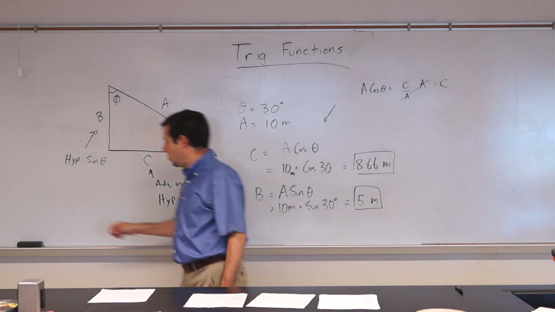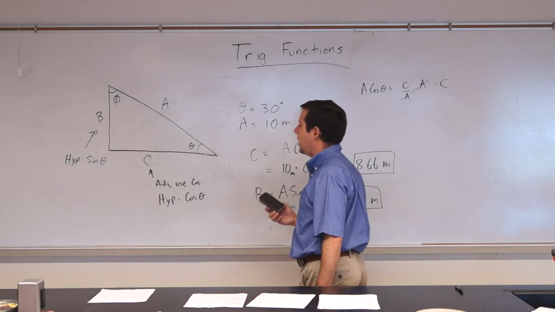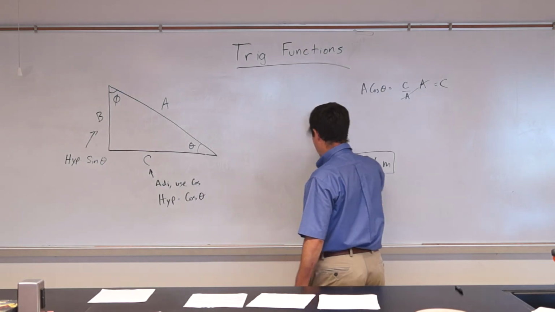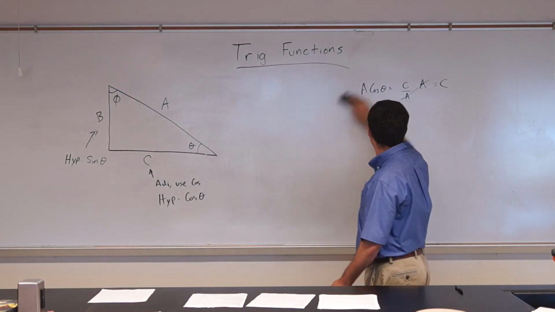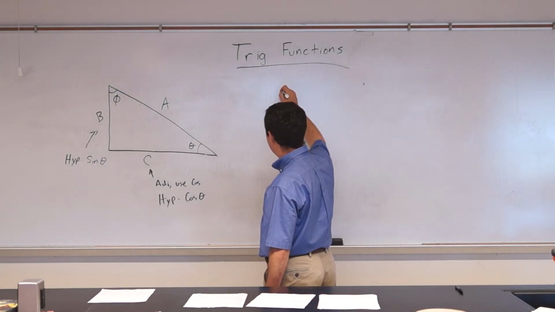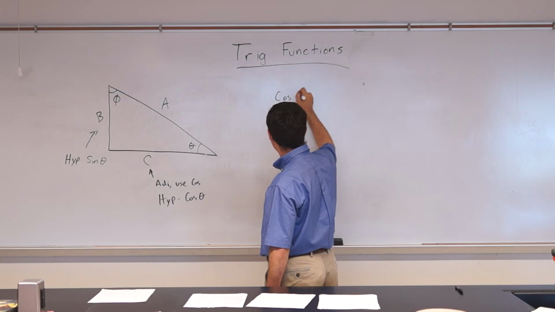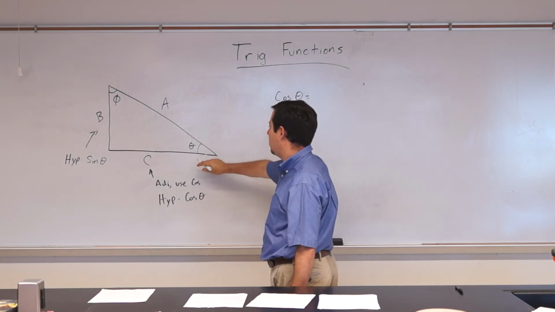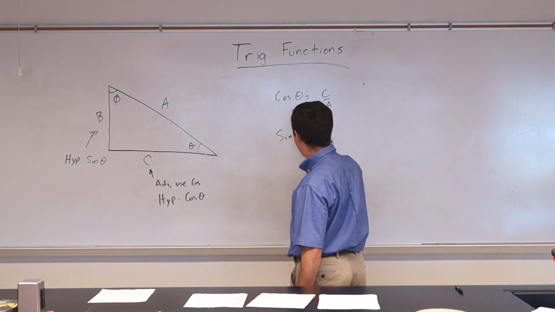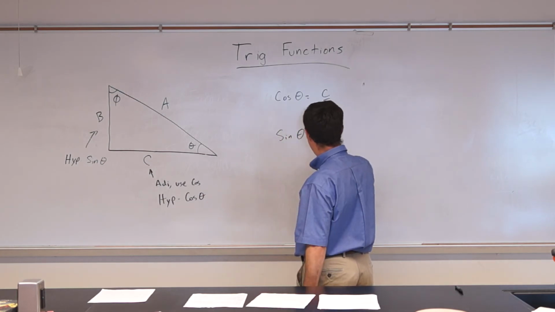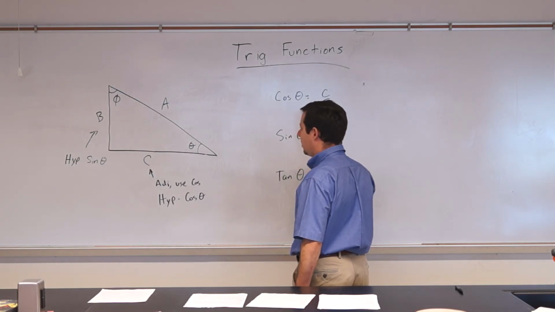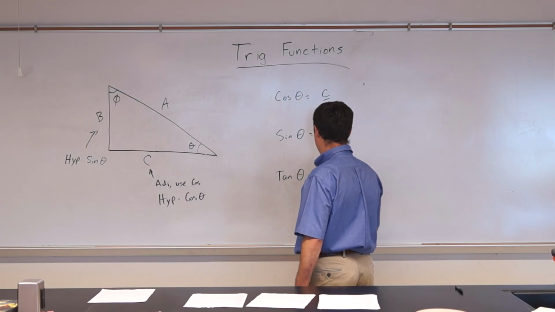So let's say you want to find angle theta and you know any of the other sides. You can say cosine of theta is equal to c over a, right? Sine of theta is equal to b over a, and tangent of theta is equal to b over c.